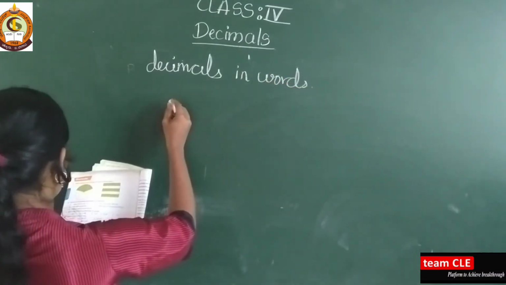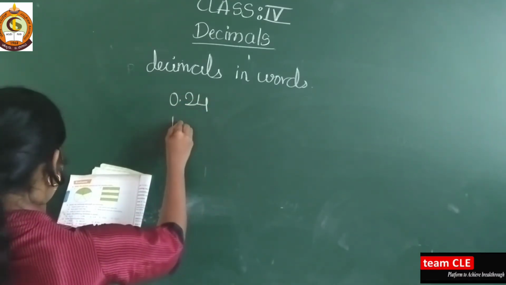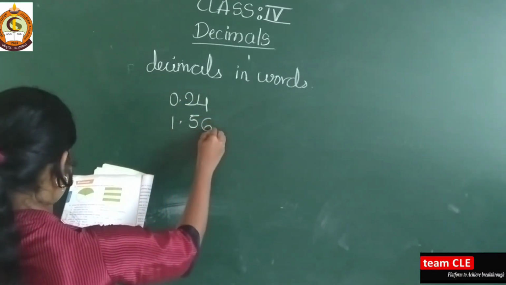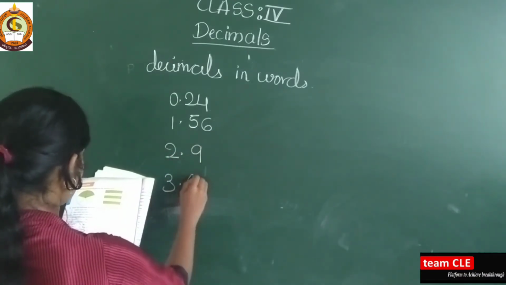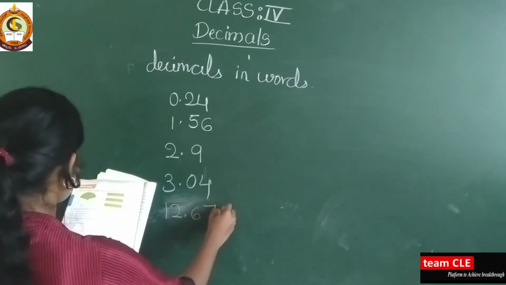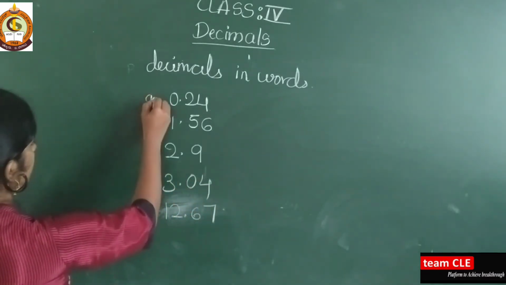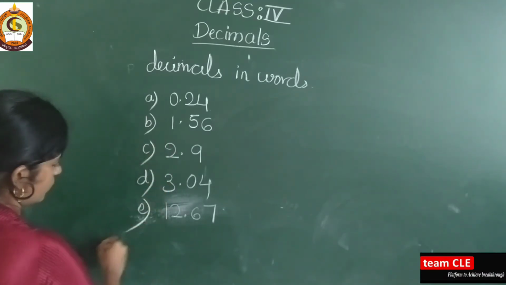Here you take 0.24, 1.56, 2.9, 3.04, 12.67. I took some examples from your evaluate section.